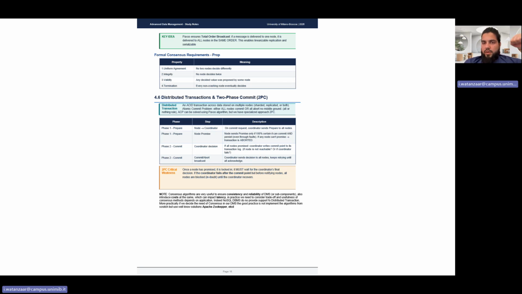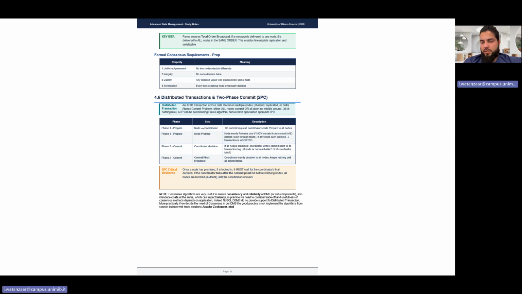But in two-phase commit, we have a critical weakness. What is that? Once a node has promised, it is locked, like in a centralized system. It must wait for the coordinator's final decision.